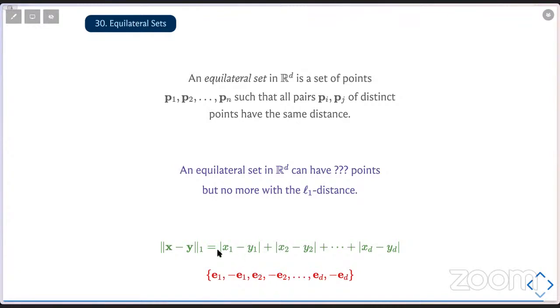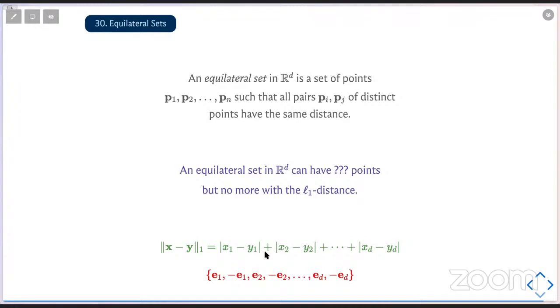Between e_i and minus e_i, they're going to collide on the same coordinate, but you're going to get 1 minus minus 1, so that's going to add up to a 2. And between e_i and minus e_j, or minus e_i and e_j, that's really the same thing. Because you're counting the absolute differences, you're still going to get two 1s from your two coordinates, which will add up to 2.